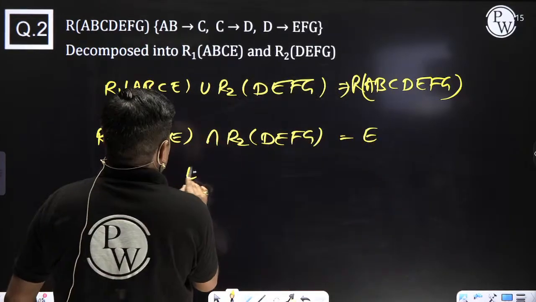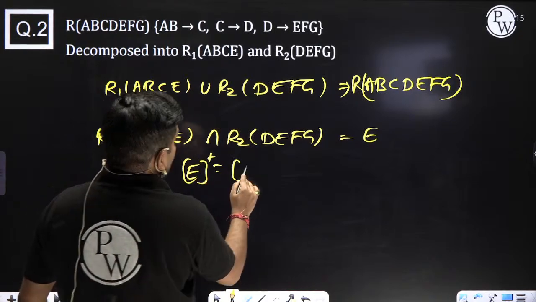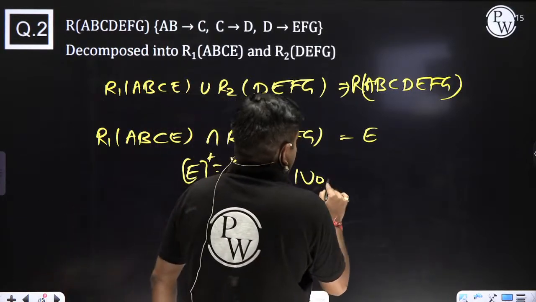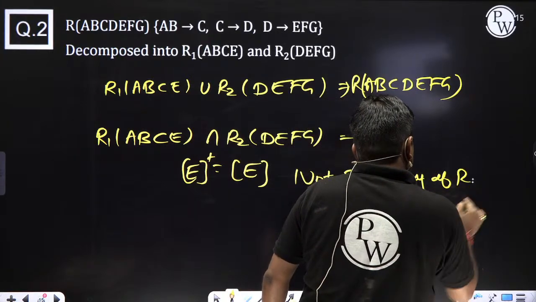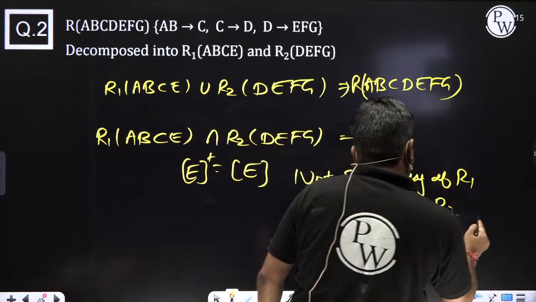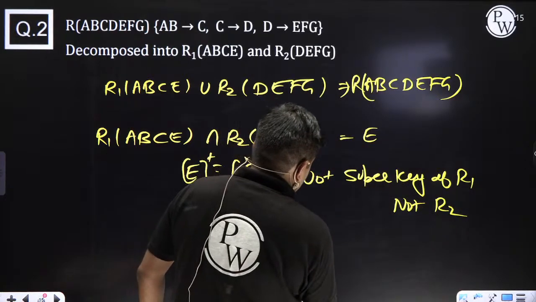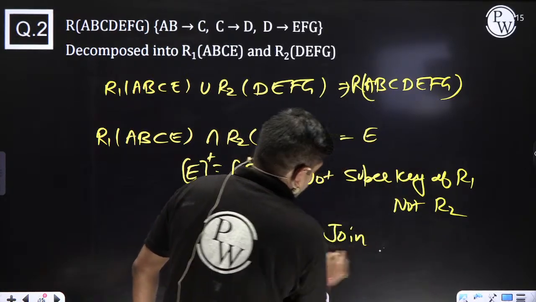E. When you take the closure of E, what do we get? Only E, which is not a super key of R1 or R2. So we can say it is a lossy join.